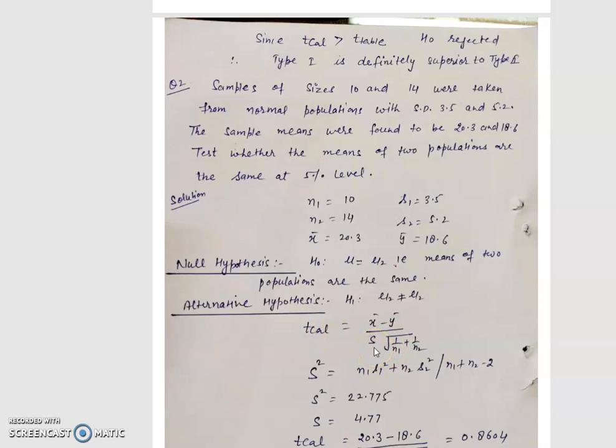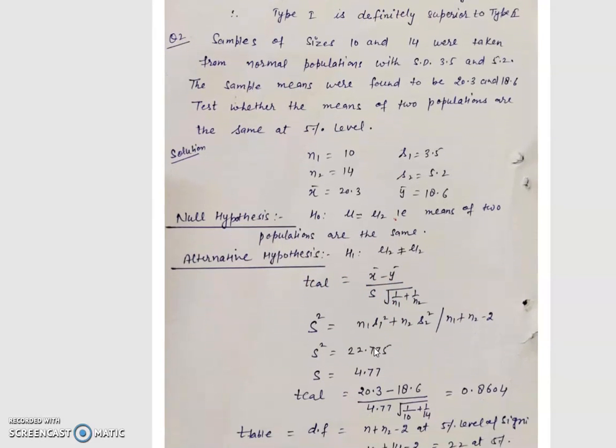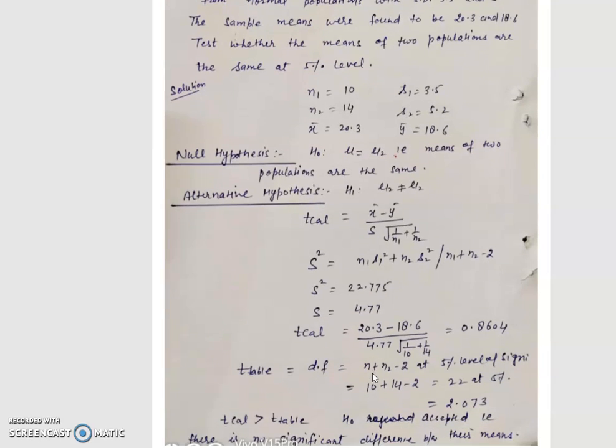Capital S you can find very easily, n1 s1 square plus n2 s2 square upon n1 plus n2 minus 2. This S square is this value, and find S, 4.77. Now T calculated is 0.8604. Degree of freedom is n1 plus n2 minus 2 at 5% level.